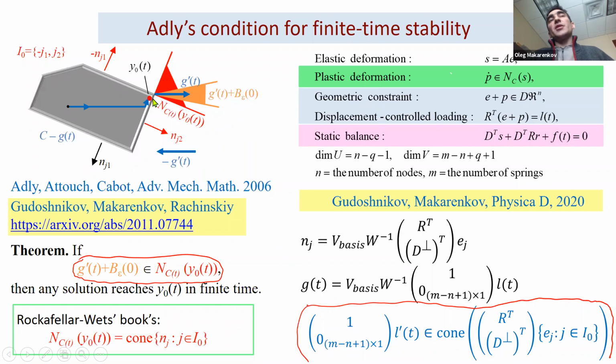And this point is finite time stable means what? When we reach this point, the spring j1 will be in plastic mode, and the spring j2 will be in plastic mode. All other springs will be in elastic mode. So from this inclusion, if it holds for I0, we can make such a conclusion. And Joyson will also elaborate on this a little bit, mentioning the feasibility condition, which is still required. But I will finish at this point. Thank you very much.